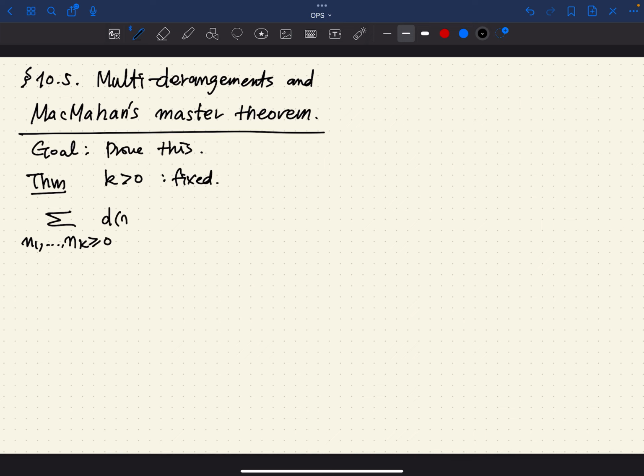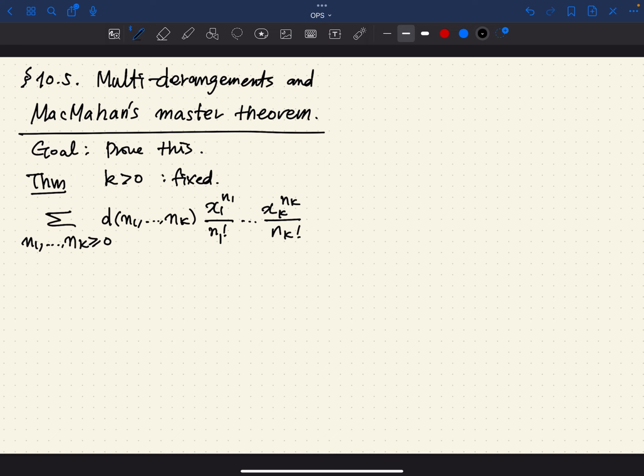So d(n1, ..., nk) is the number of (n1, n2, ..., nk) derangements, and we consider the generating function in an exponential generating function way. So it's multivariate, divided by n1! ... nk!. Okay. So this is something that we want to compute.